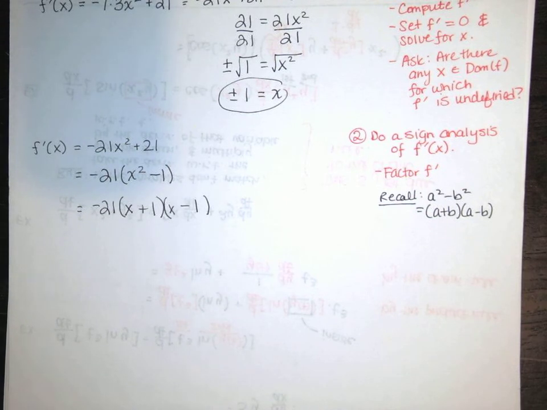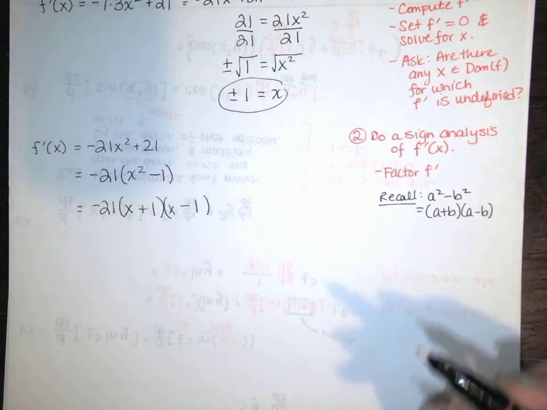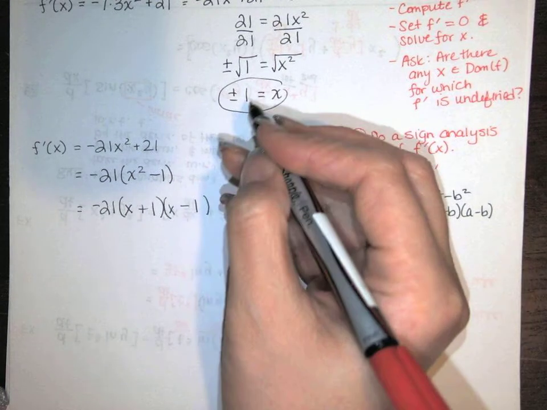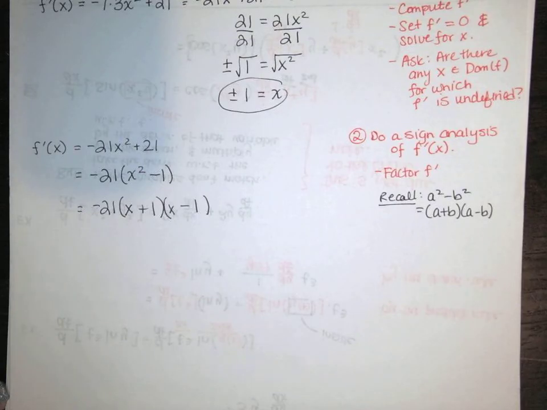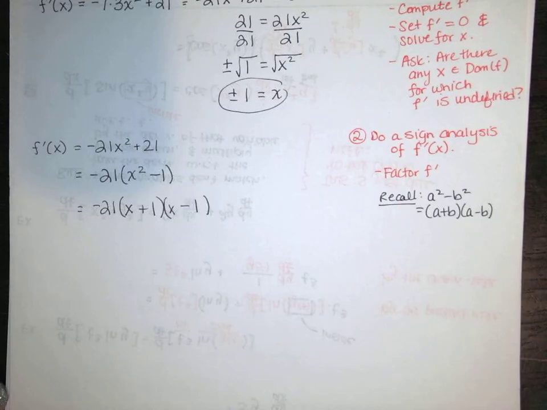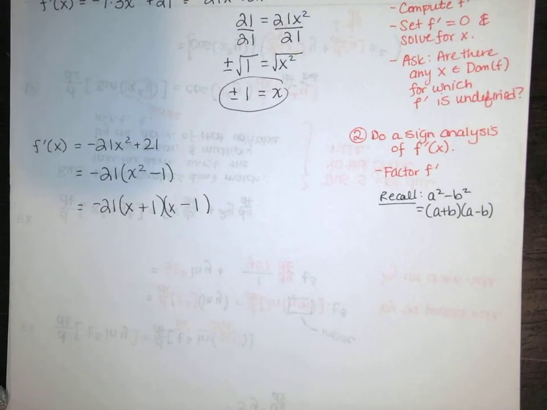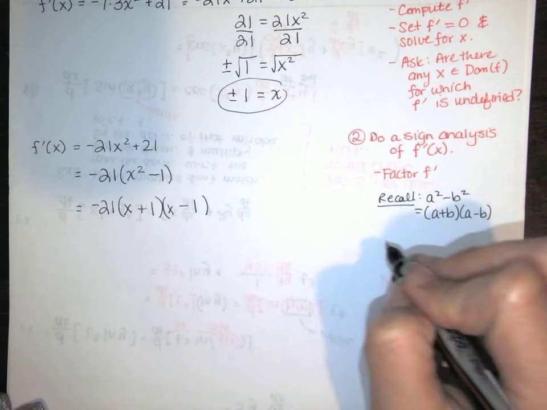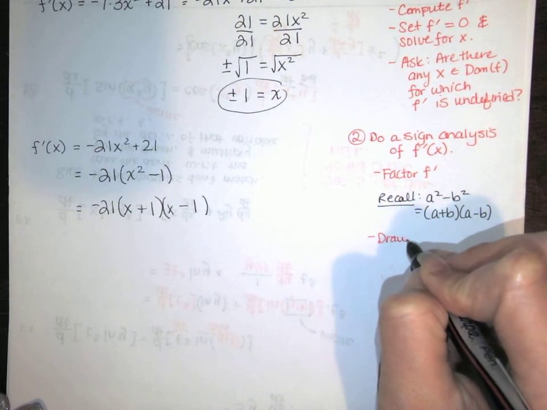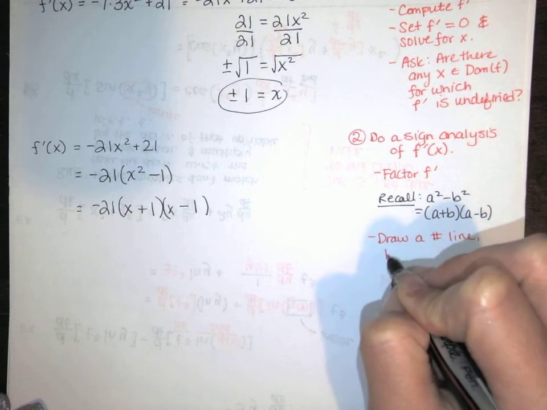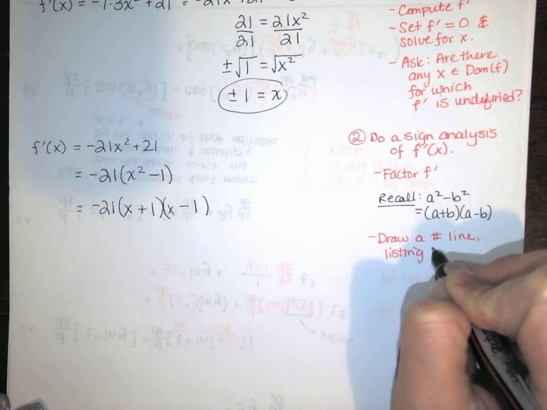Okay, so you've factored f prime, and then you want to set f prime equal to 0. Actually, we've already set f prime equal to 0 and solved for x. Those x values, your critical values, are going to be the endpoints of the intervals on a number line. So the next thing we want to do is draw a number line listing the critical values.